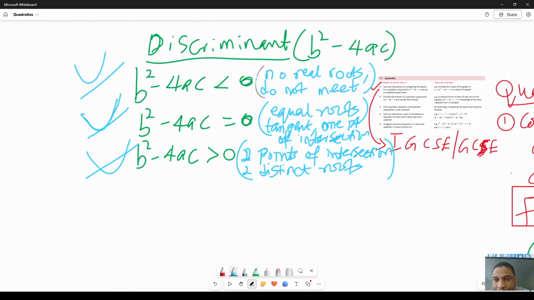Okay. Then the next one is solve quadratic and simultaneous equation. This you also did in GCSE. So you have one linear and one quadratic. You just need to use substitution. Only substitution you can use to solve that.